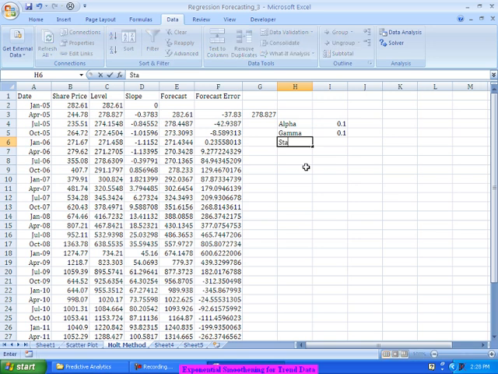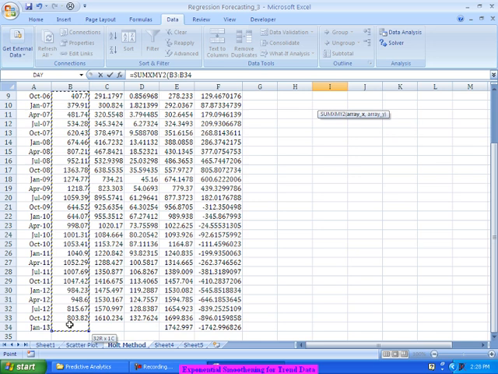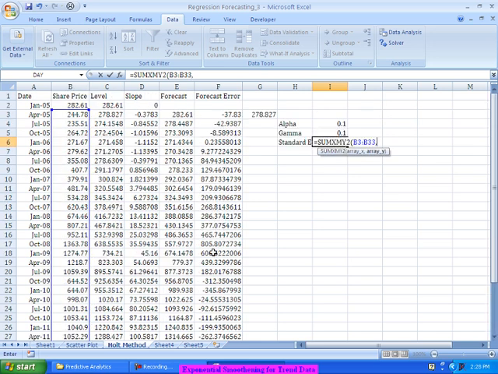For that again I can take a standard error of the data, which is again based on my actual values and the forecasted values. I can very well take SUMXMY2, where array x will be the B column data and array y will be the E column data.